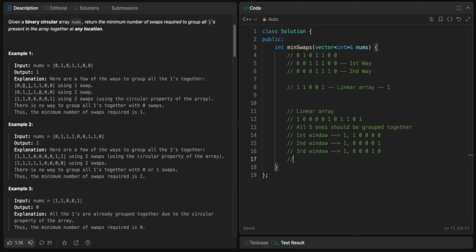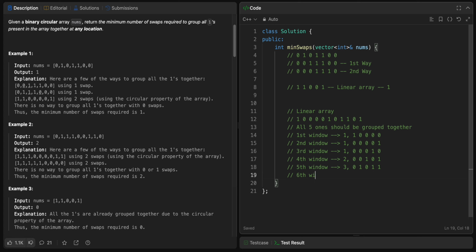For the fourth window, the fourth window will start at the fourth element and extend for the window size, which is 5. This is the fourth window, so we are having 2 ones. This is followed by the fifth window, and this is the fifth window. We are having three ones over here.